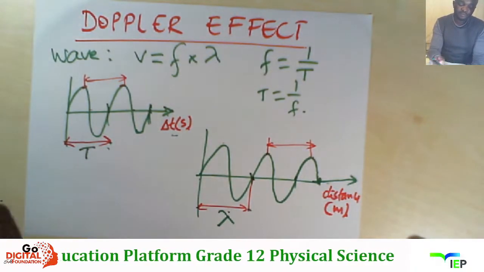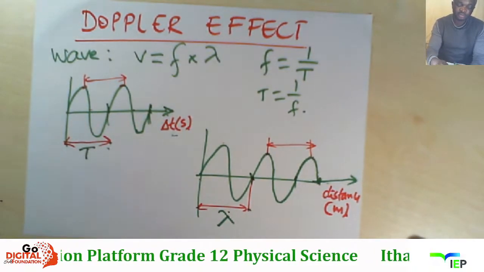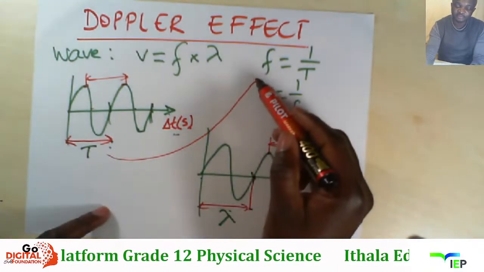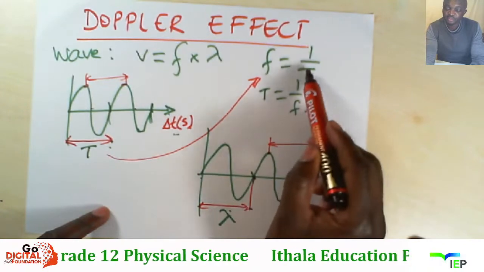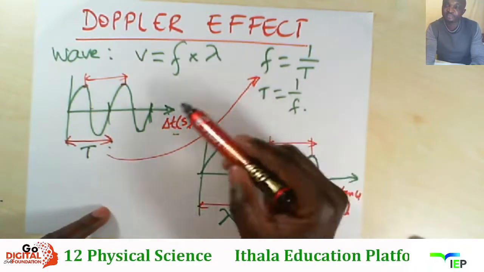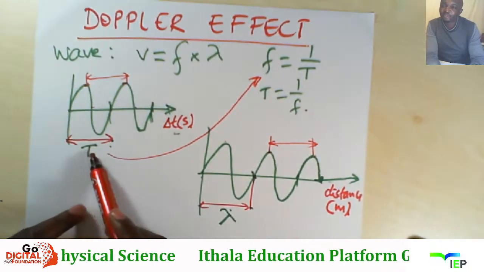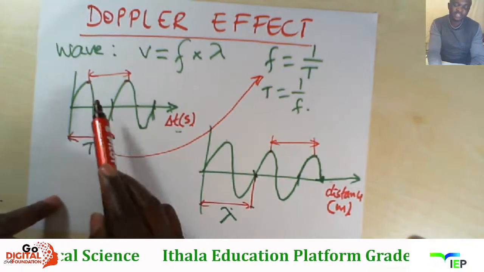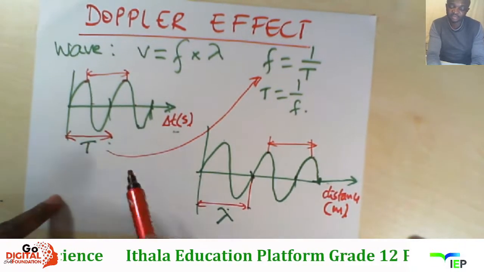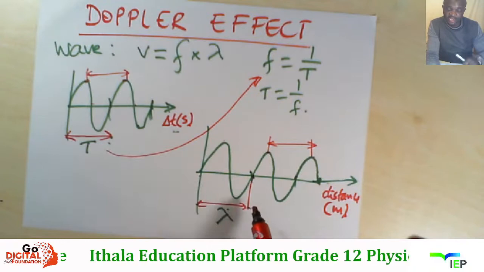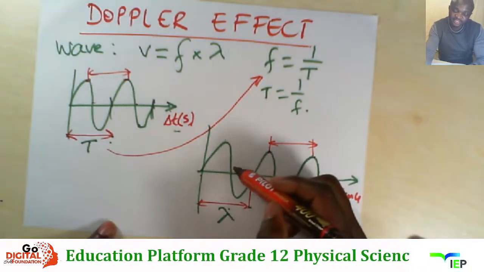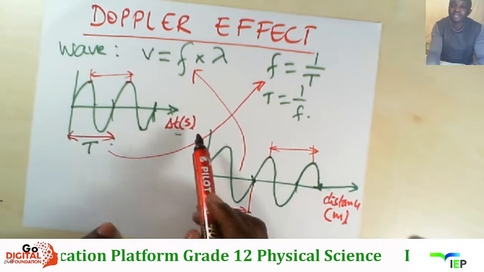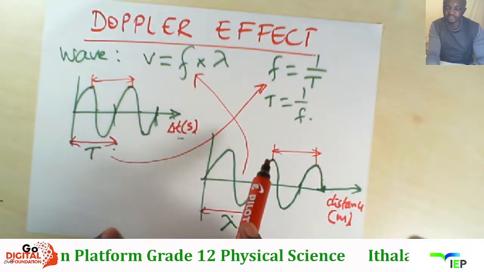Then yabo simawuthola uT uyakwazi ukuthi umhlanganisa kule formula ezothi f is equal to 1 over t. Senga calculate bani i-frequency ngoba sengiyazi i-period, right? Lana ke ngiyathola bani i-wavelength, so again ngasebenzisa le graph ngithole bani i-frequency, right?